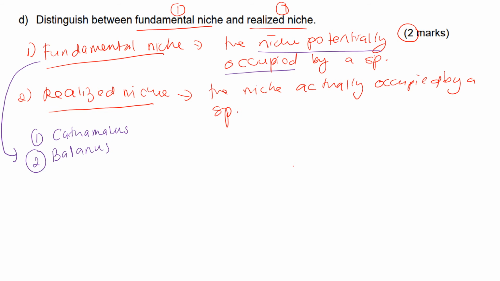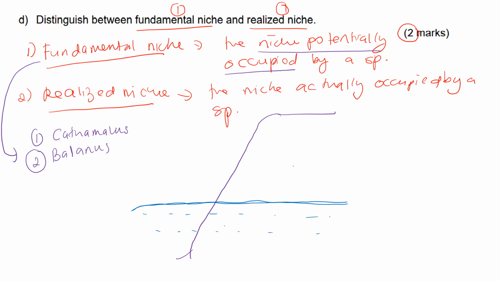Okay, so for example, this is a rock, and this rock is near and submerged with water. So this is the water, the part of the rock that is submerged with water.